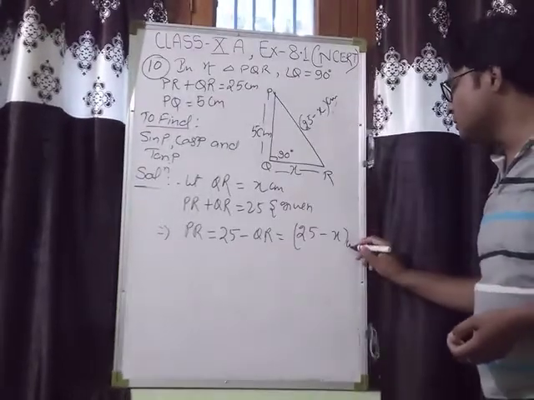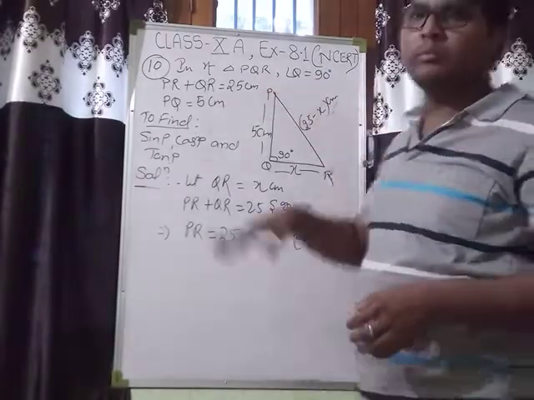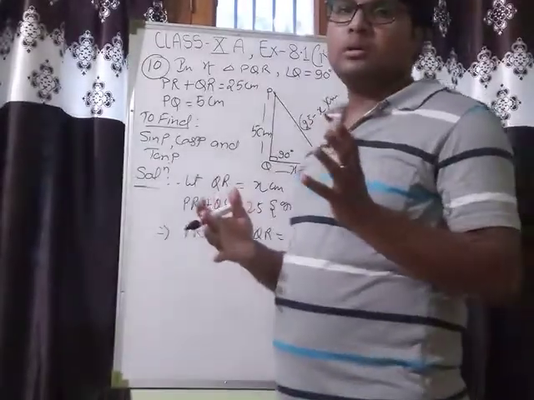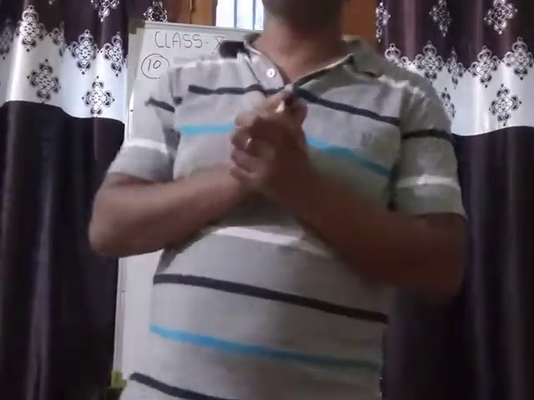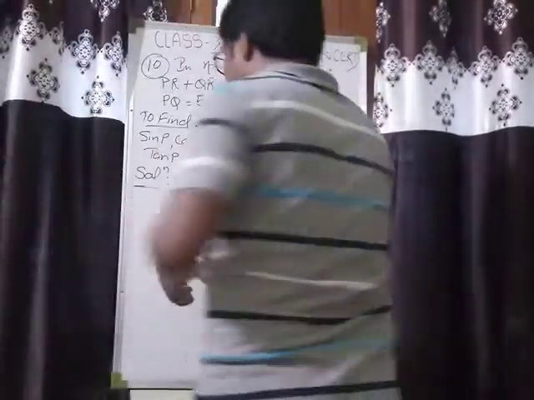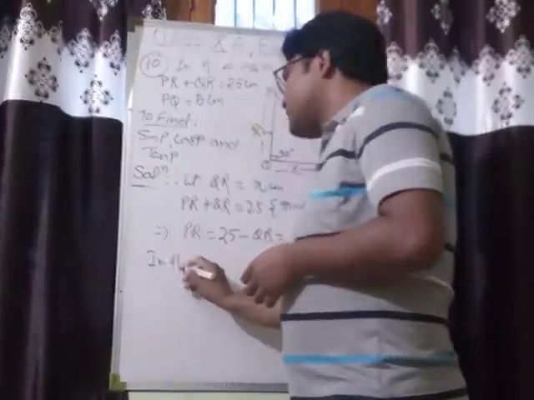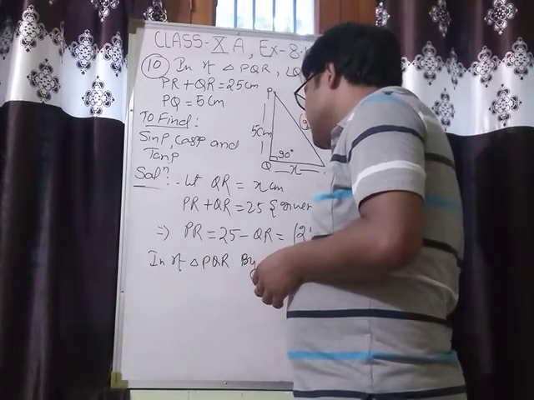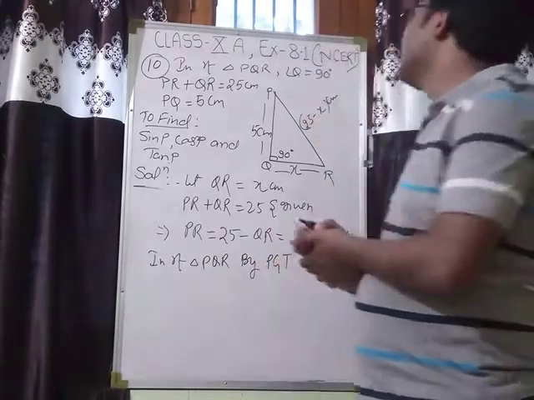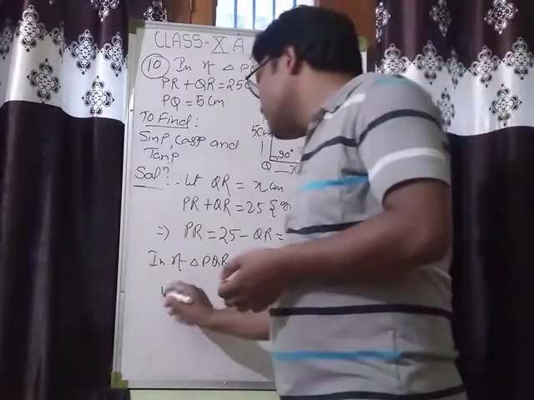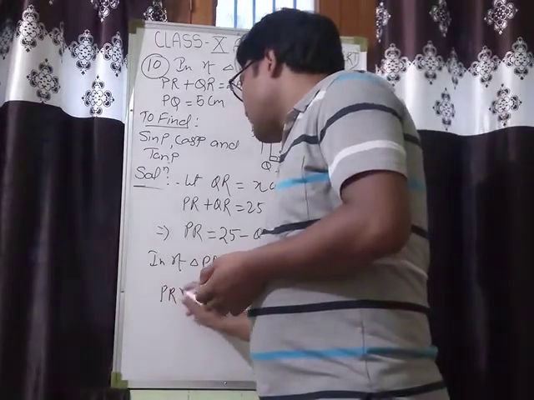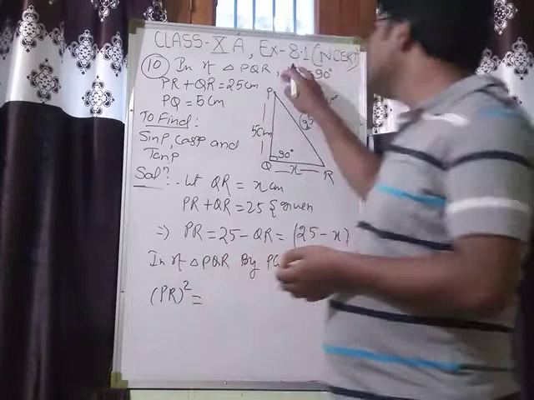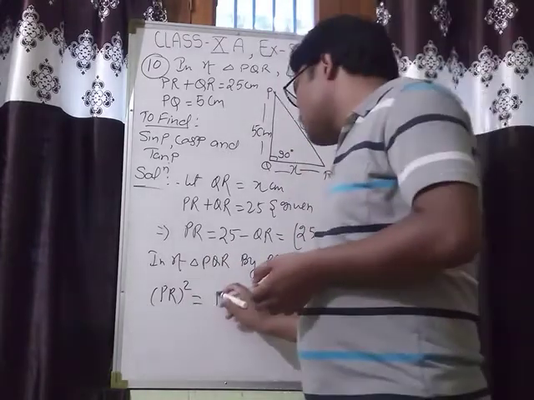Now in this triangle we can use the Pythagoras theorem. What is the Pythagoras theorem? In right triangle PQR, by the Pythagoras theorem we have PR square is equal to PQ square plus QR square.